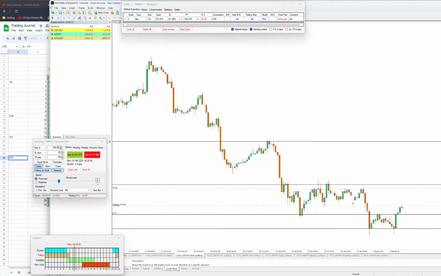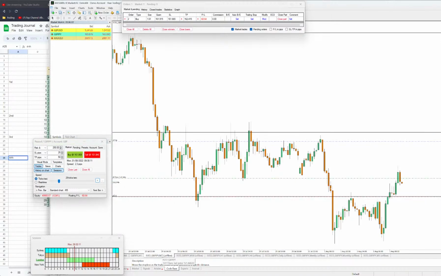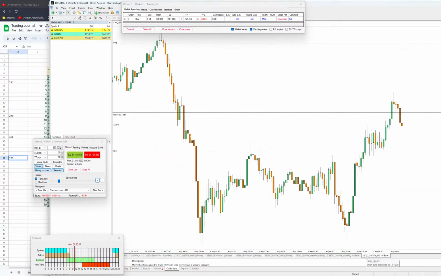Not yet. 30 minutes is closing interestingly weak. Let me see how this 30 minutes will close. 30 minutes closes like this, still bullish. I don't really like it. 15-minute closes like this. Let me see the 5-minute just in case. Yeah, 5-minute closes nice.